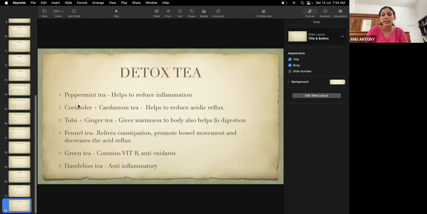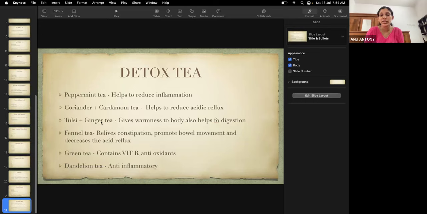Then coriander seeds plus cardamom tea. Take about 1/4 teaspoon of coriander seeds and 1 to 2 cardamom pieces, boil it well, and you can drink it. You can choose this for whole day drinking or else morning once, afternoon once, like that.